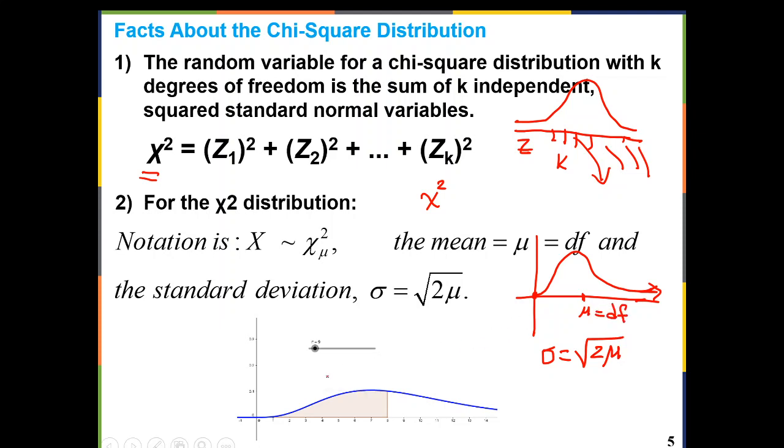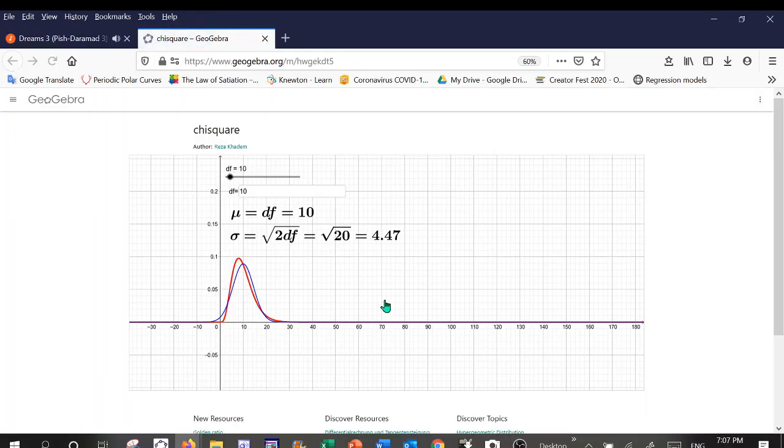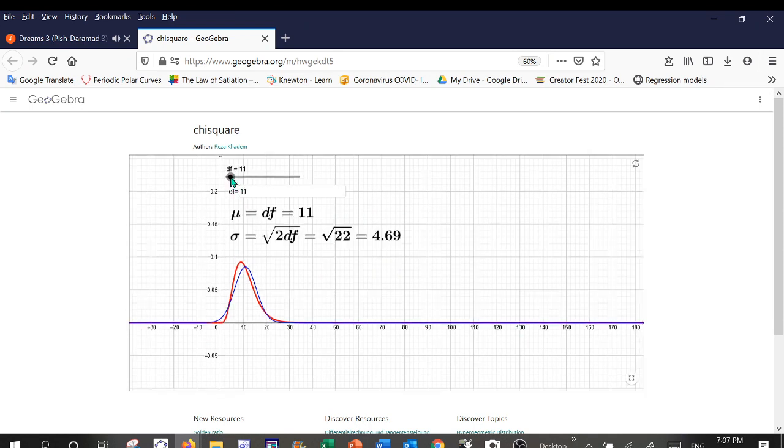So to get a feel of what this distribution looks like, I'm going to go to this that I created with GeoGebra, and I'm going to show you this distribution with different degrees of freedom. So that's the degrees of freedom of 2. Let me move it this way. Forget about that blue graph for now. The blue graph is the normal distribution that kind of matches the chi-square distribution.